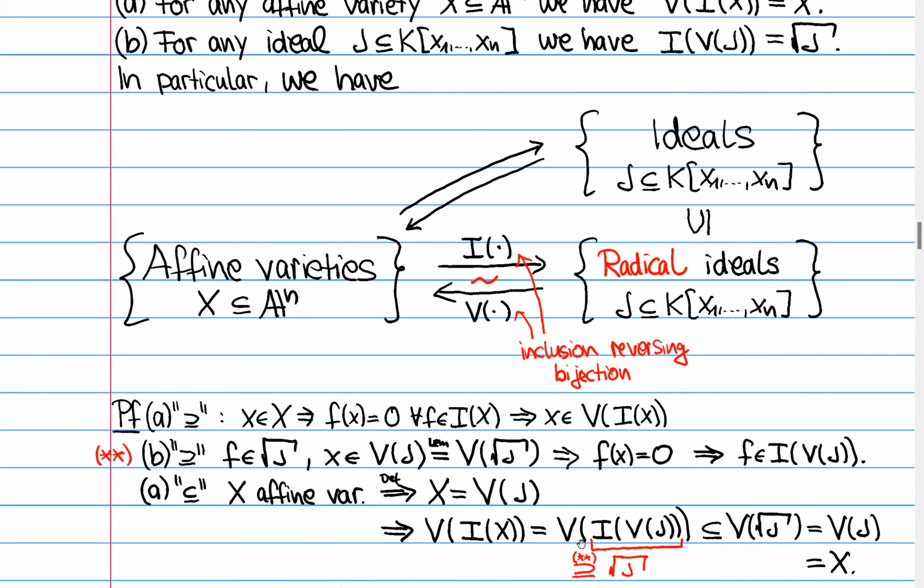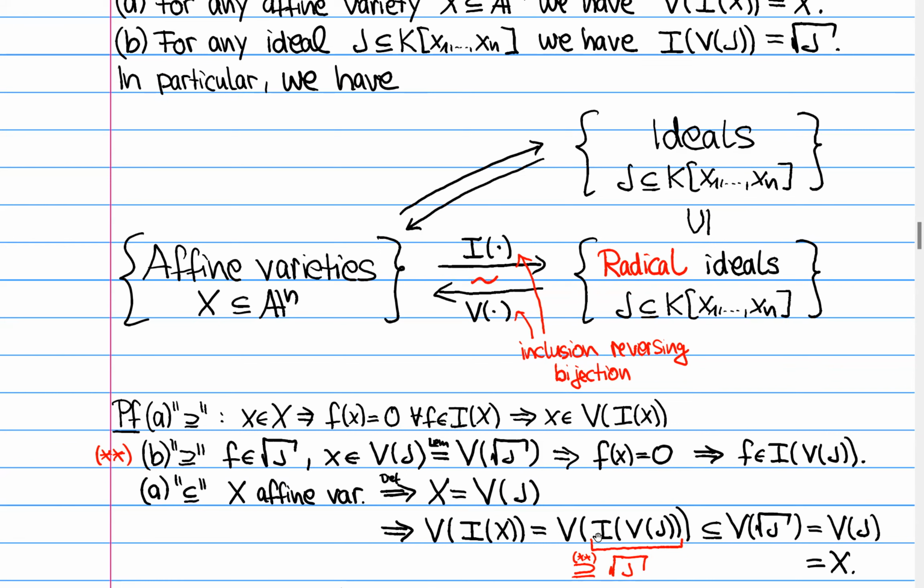And now you see we can evaluate this thing here using this inclusion, because at least we know that the ideal of the vanishing set of J contains the radical of J. And then we can use now that the vanishing set reverses the inclusion.